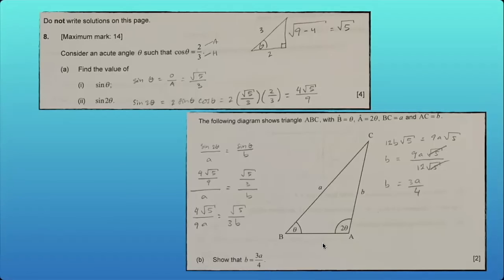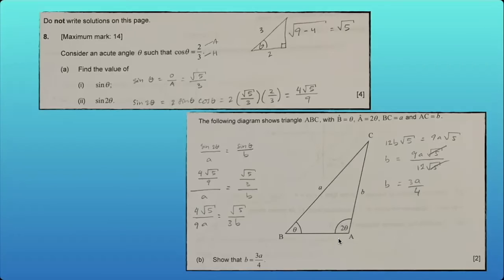This is not a right angle triangle, so we cannot use SOHCAHTOA. Our option is either sine rule or cosine rule. Here I go for a sine rule because it is the most suitable one given the information.